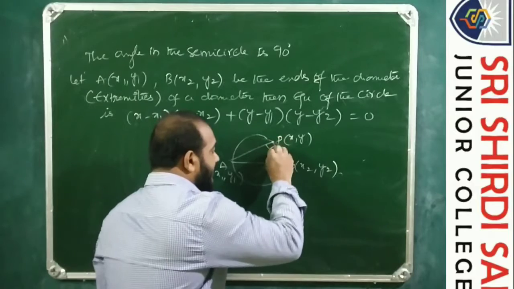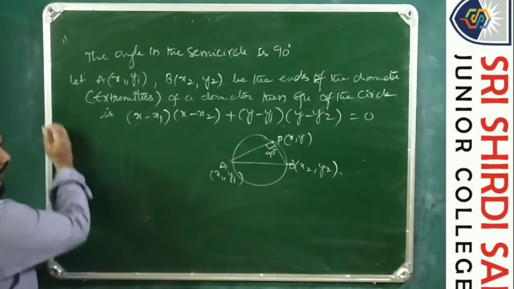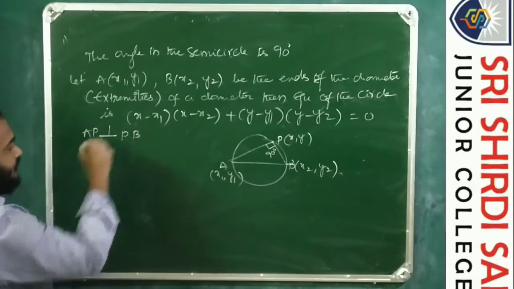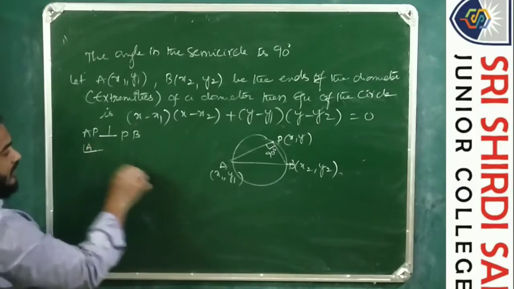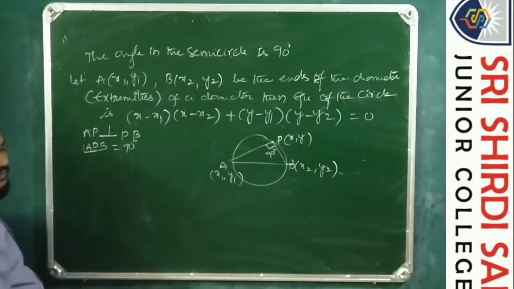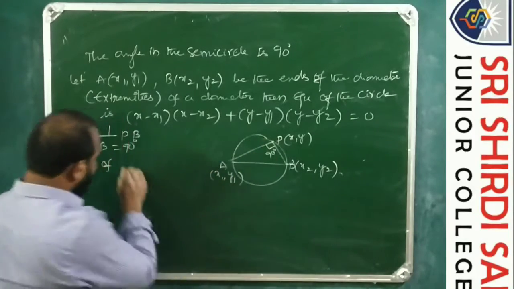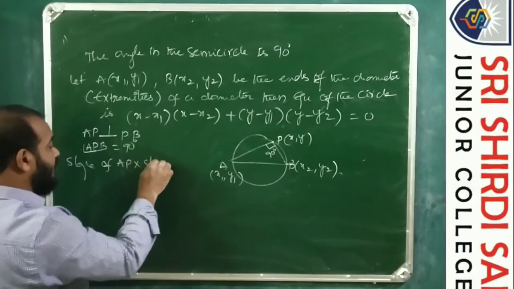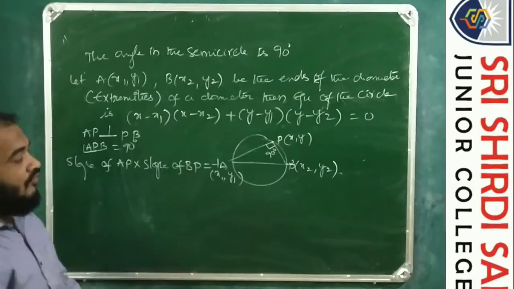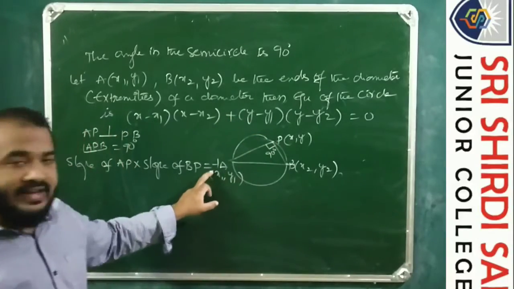That means this is 90 degrees, then AP is perpendicular to PB. That means angle APB is equal to 90 degrees. So the slope of AP into the slope of BP is equal to minus 1, because whenever two lines are perpendicular, the product of their slopes is equal to minus 1.